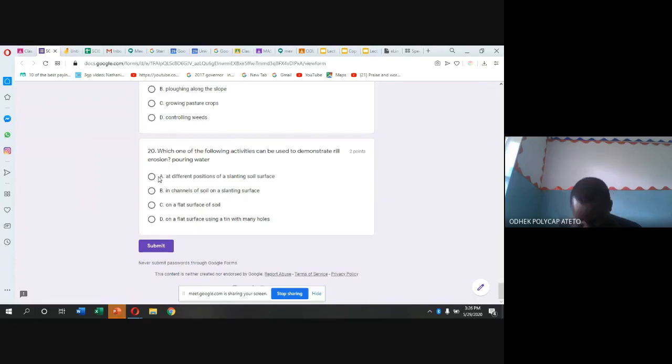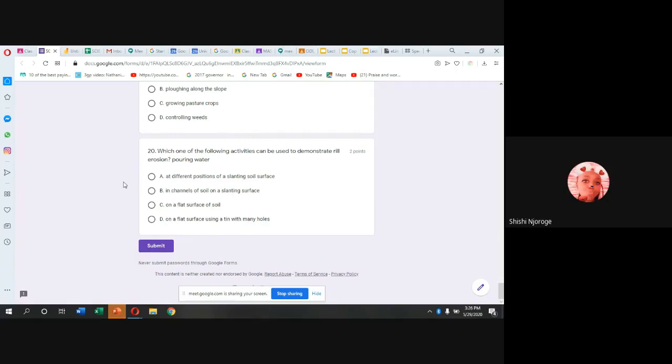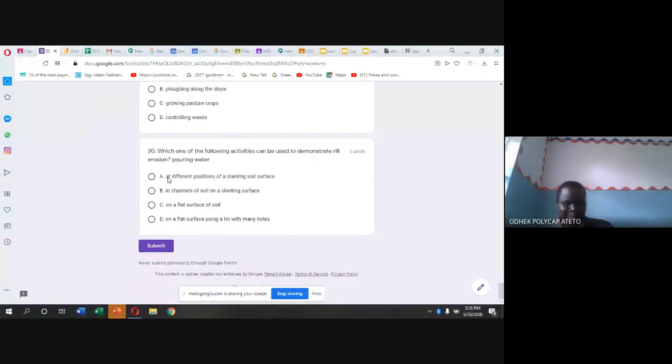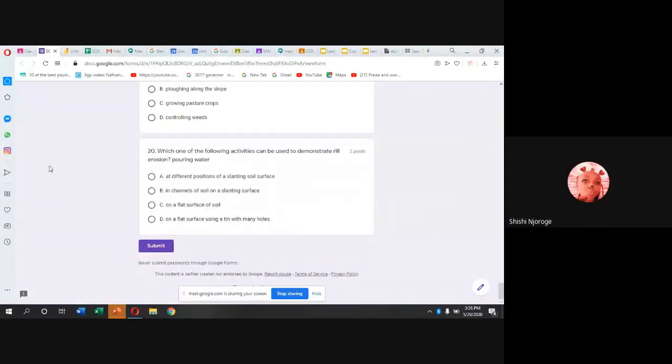Michelle, number 20. Which one of the following activities can be used to demonstrate soil erosion? Pouring water at different positions of a slanting soil surface.